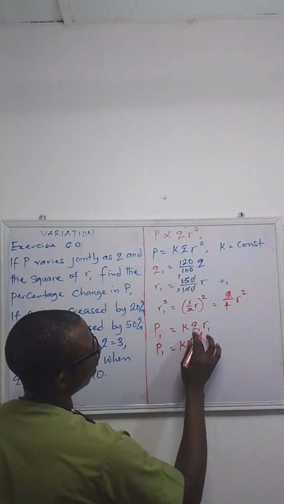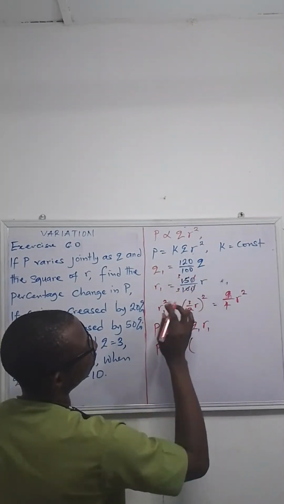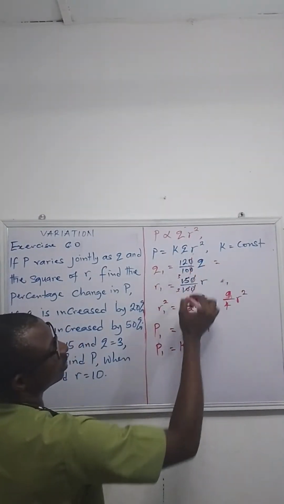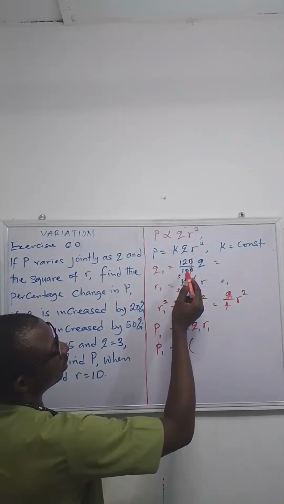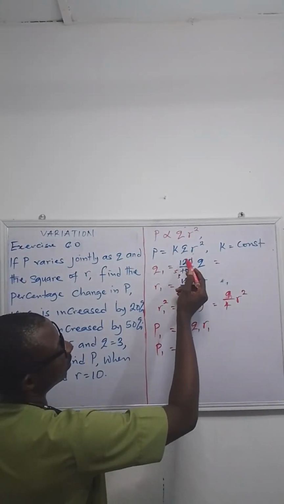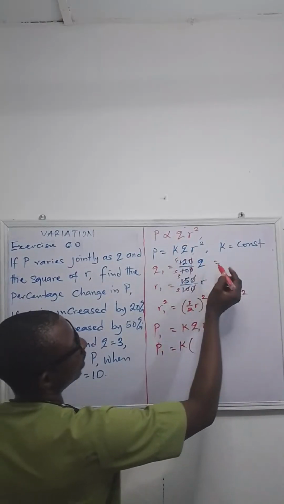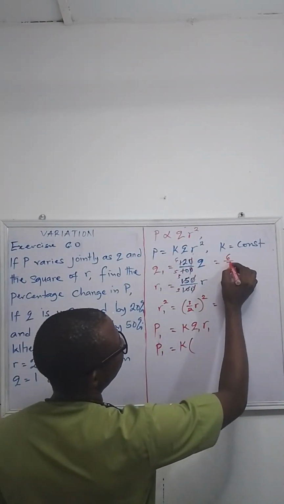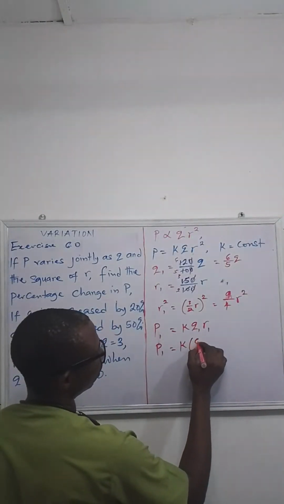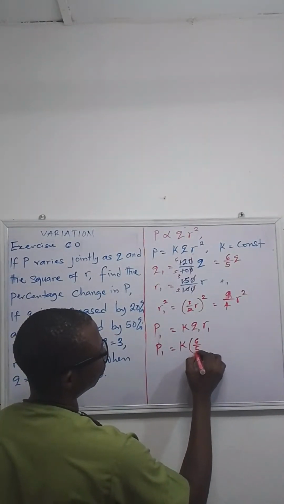What is Q1? We have Q1 to be this. You can reduce this: 0 cancels 0, 2 goes into 12 six times and into 10 five times. So we have 6 over 5 Q.